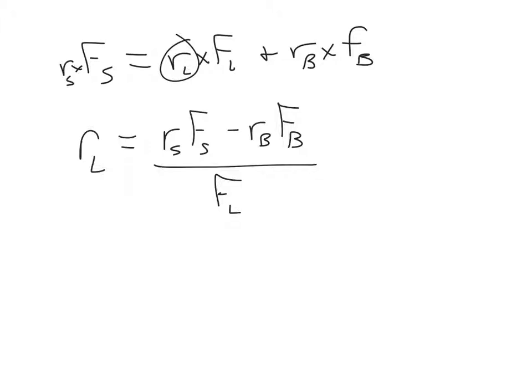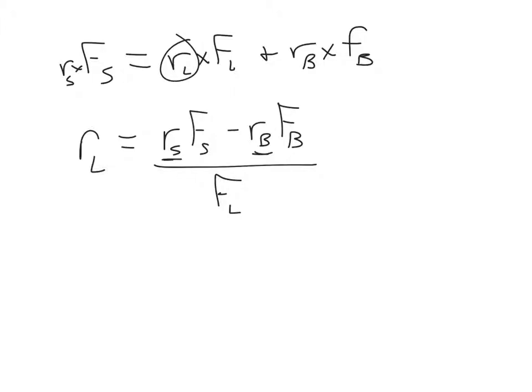And then we know the board's radius. We know all three forces, and we know the spring's radius. The board's radius, the weight of the board acts halfway along the board.